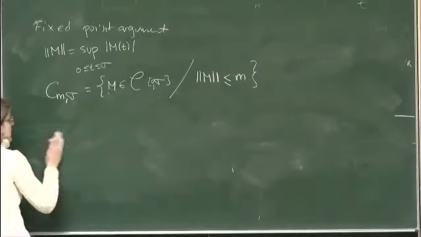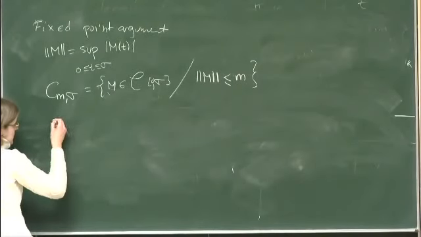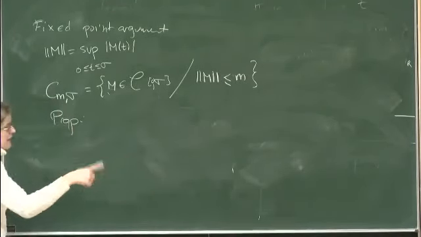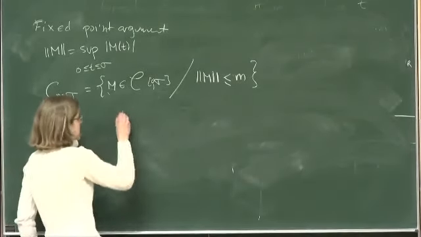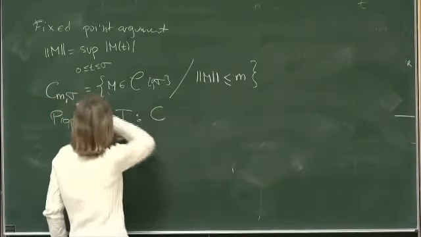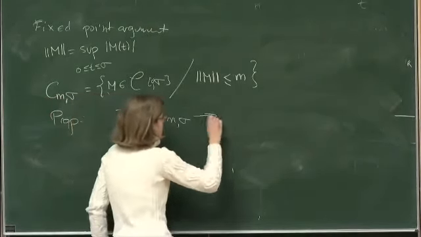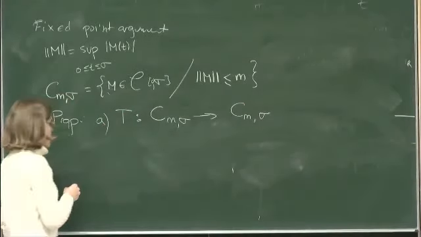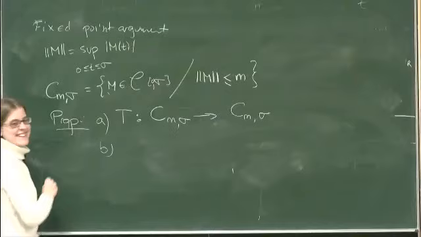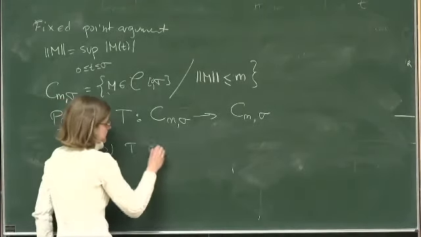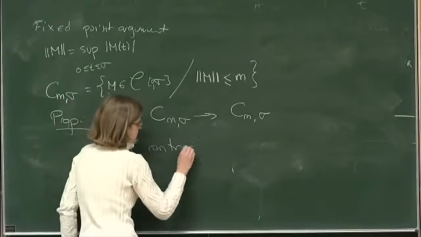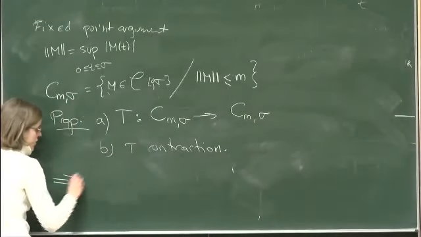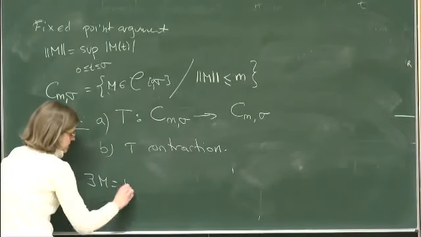So now a proposition is that the application T that I defined before maps this space into the same space, and moreover, T is a contraction. Then with this, of course, there is a fixed point.